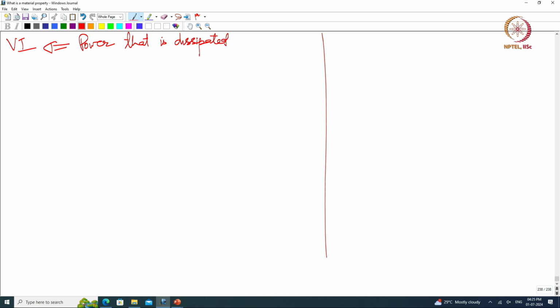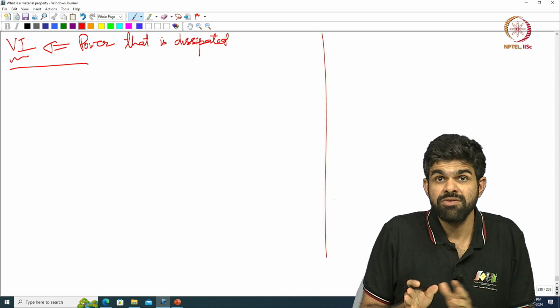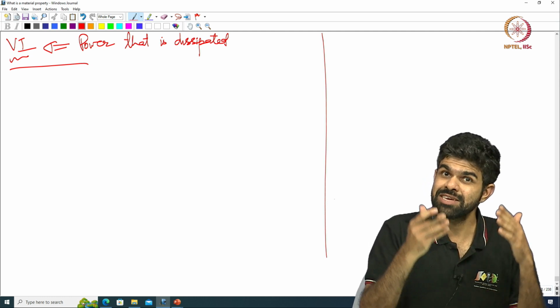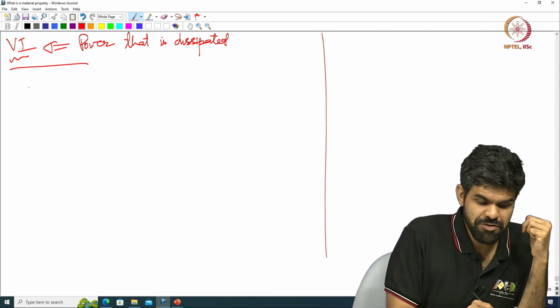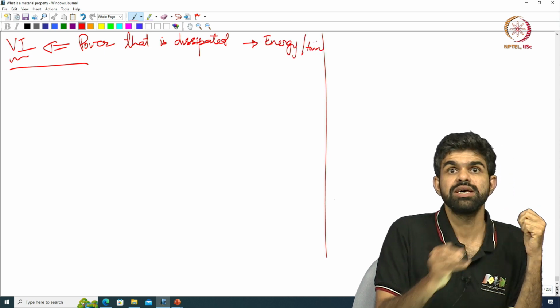Okay. So now I am going to show you that this V I power dissipated is nothing but heat, right. So this is joule heating, that is what we keep saying all the time. So now I am going to derive that this is indeed nothing but heat, right. Now, power is what? Power is actually energy per unit time, right.